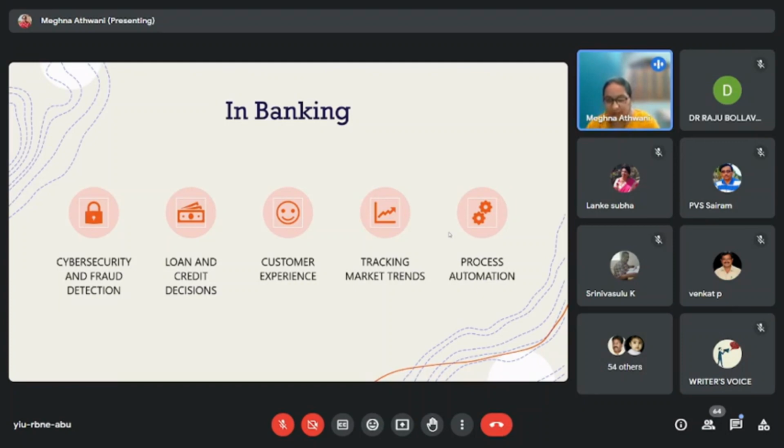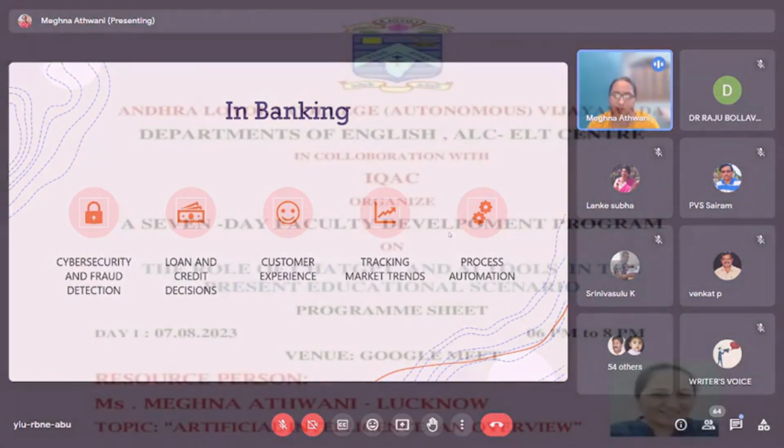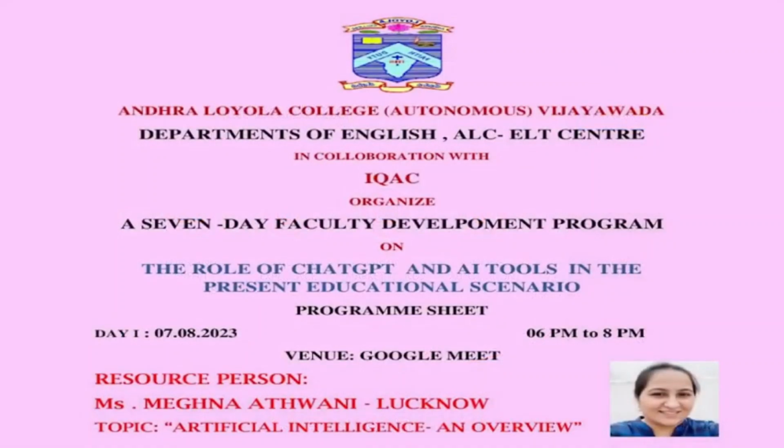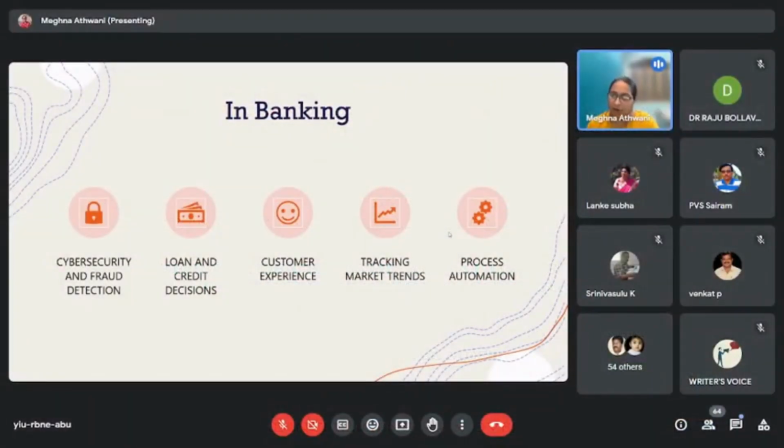Then loan and credit decisions. At one point, our CIBIL score or the loans we took were the decision factors behind whether we should get a loan or credit cards or not. But nowadays, all our accounts have been joined by PAN. Even our post office accounts and our Aadhaar cards have been linked to PAN accounts. Why?